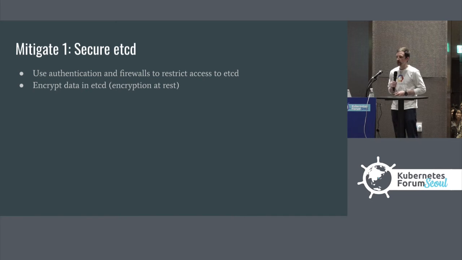Another thing you can do is encrypt the data that gets saved into etcd. The API server has the ability to encrypt data that's being saved to etcd. So if somebody tries to read from etcd directly, they're just reading encrypted data and not data that's saved in plain text.